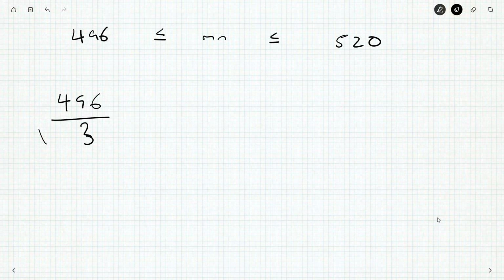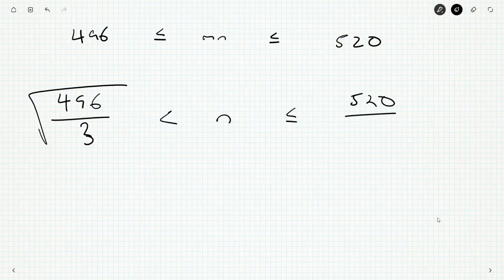If I divided by 3, the n's got to be somewhere in here. 520 divided by 2 is 260, and the square root of 260 is 16 point something.